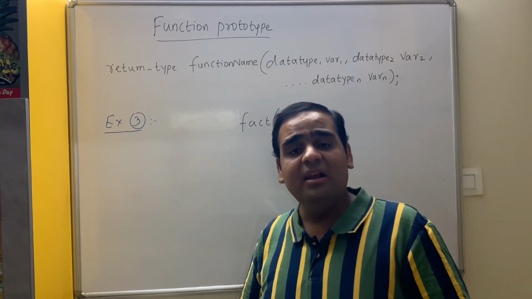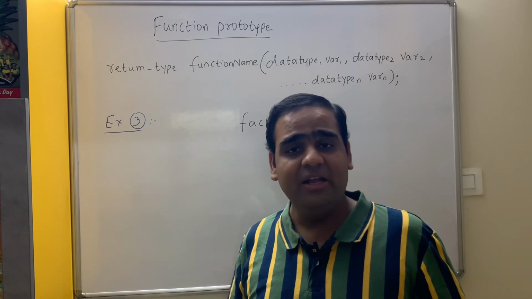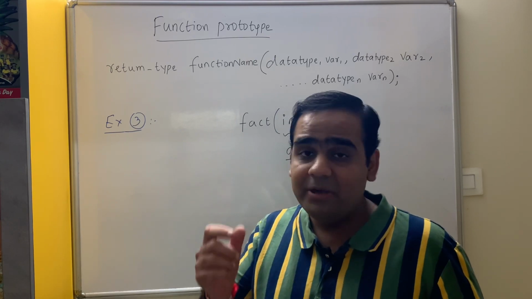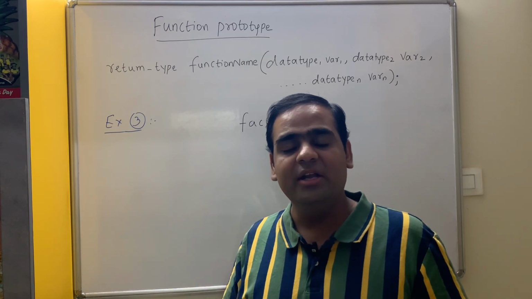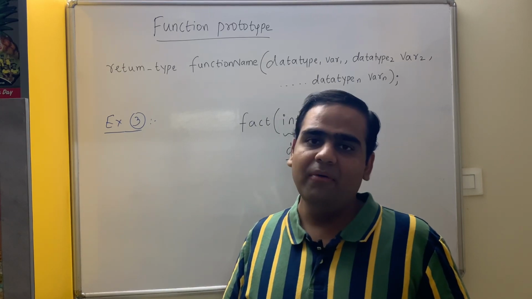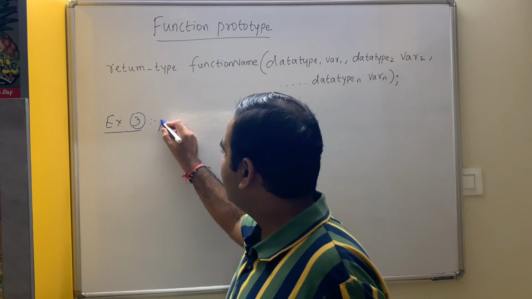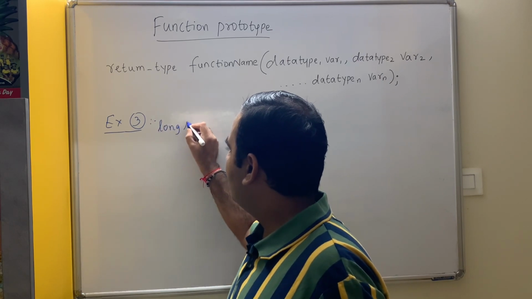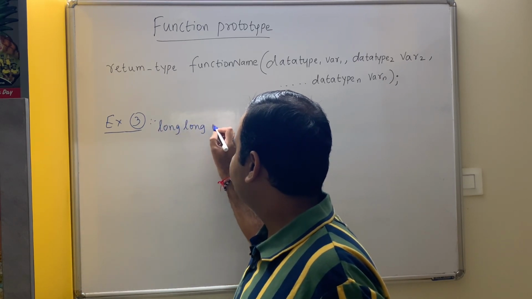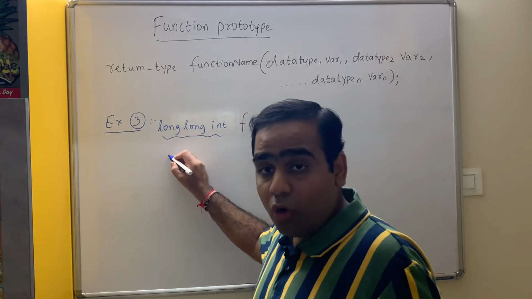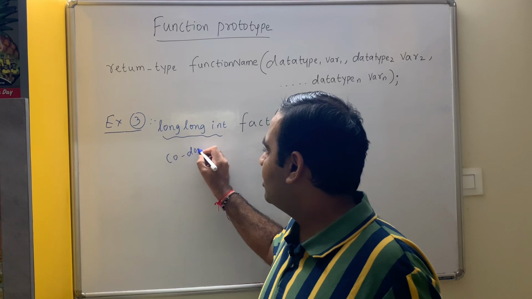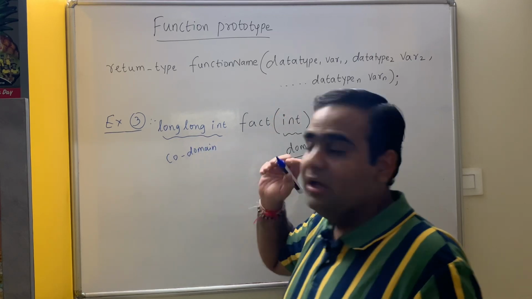But when I take the large number 25 factorial, 20 factorial, that cannot be stored in integer data type. The maximum value that I can store in integer data type is 10 power 9. Therefore, we take the return type as long int. We take the return type as what? Long int. Now this is codomain or range for us.